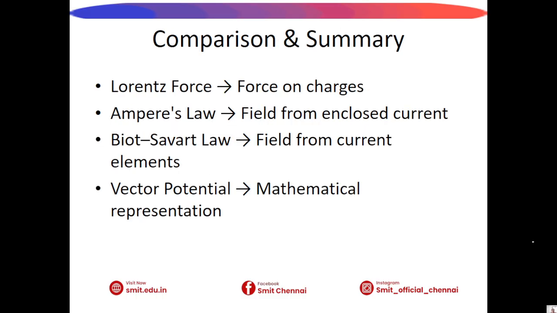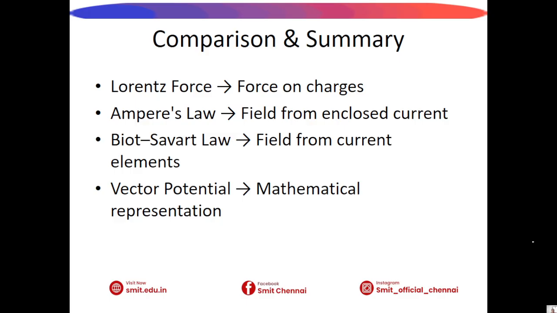Next we see about the comparison and the summary of this lecture. Let us summarize the key concepts covered in this lecture. Lorentz force explains the force acting on moving charges in electric and magnetic fields. Ampere's law relates magnetic field intensity to enclosed current. Biot-Savart law provides a method for calculating magnetic fields due to current elements.